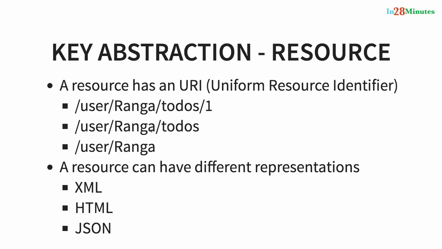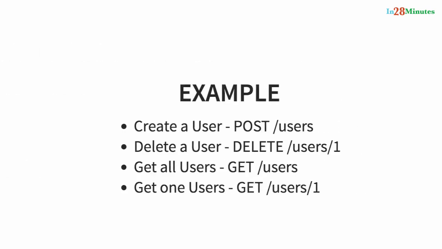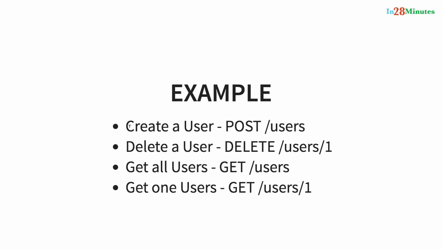The most important thing is that you define your resource and perform the actions on the resource using whatever facilities are provided by HTTP. Just like we discussed earlier, if I want to create a resource, I would do a POST to /users. If I want to delete something, do a DELETE to /users/1. GET /users. GET /users/1.